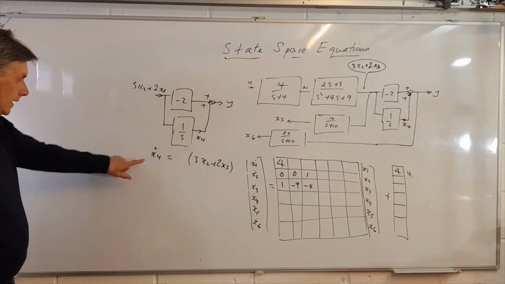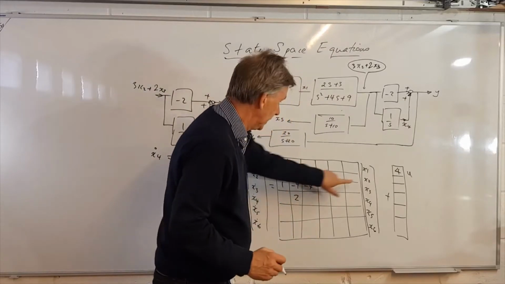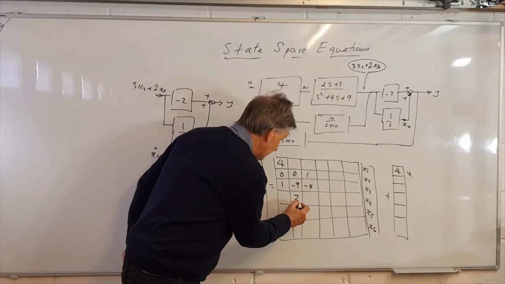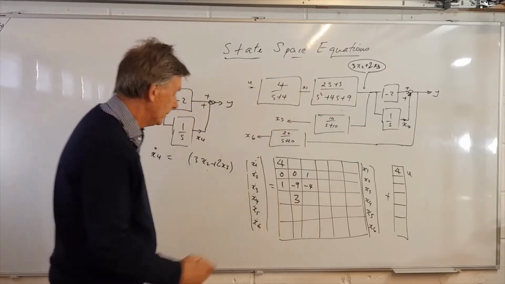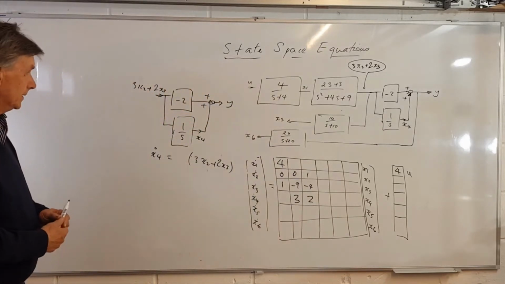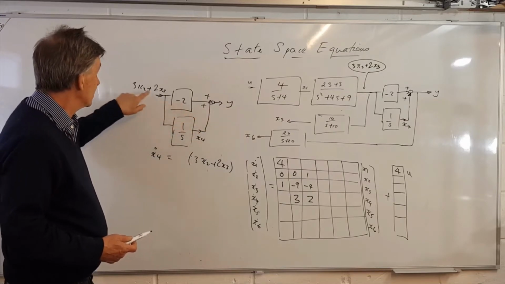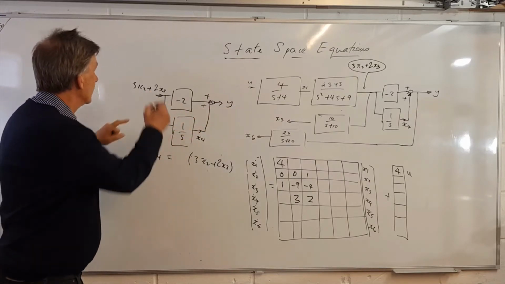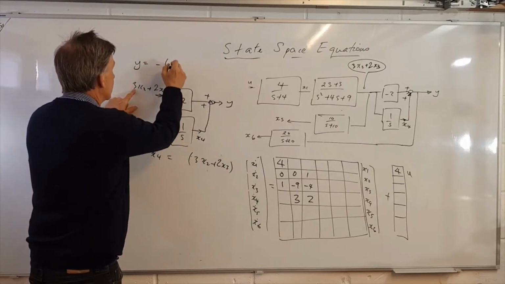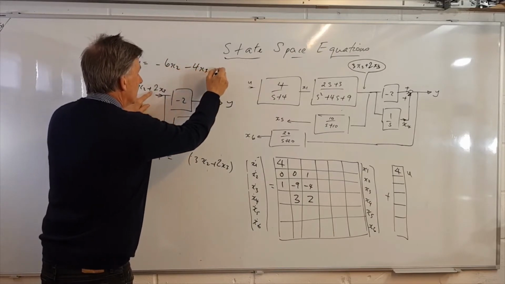So that gives us our next line. x4 dot is 3x2, so that's going to be a 3 in there because that's picking up the x2, and 2x3, so we're going to pick a 2 there. So that's our state space equation. We can also get what the output y is. So y is going to be minus 2 times this plus x4. So you can see that y is minus 6x2 minus 4x3 plus x4.